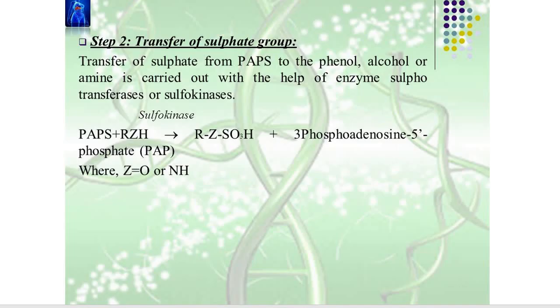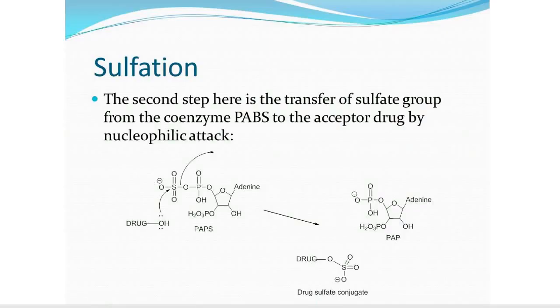So transfer of sulfate groups is also very important. Transfer of a sulfate group from PAPS to a phenol, alcohol or amine is carried out with the help of the enzyme sulfotransferase or sulfokinase. You can see PAPS plus RZH gives RZSO3H and 3-phosphoadenosine 5-phosphate, PAP, where Z is equal to O or NH.